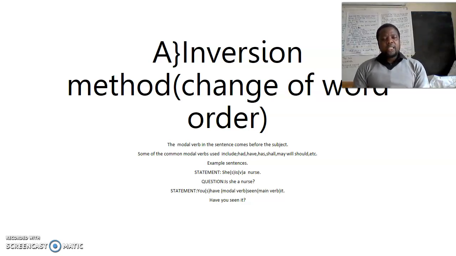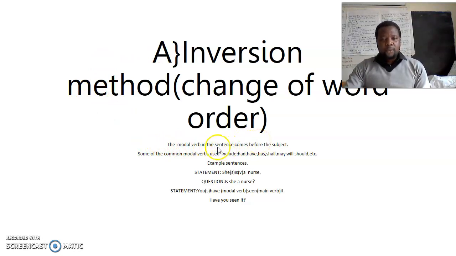The verb that changes its position with the subject is mostly the modal verbs, or sometimes referred to as modal auxiliary verbs. As you can see, in this method, the modal verb in the sentence comes before the subject.